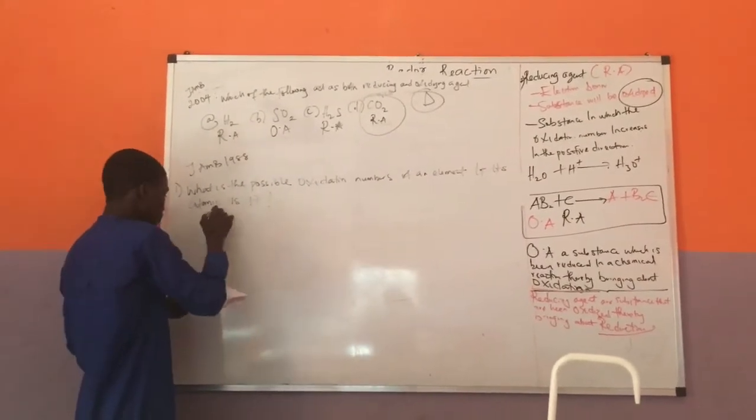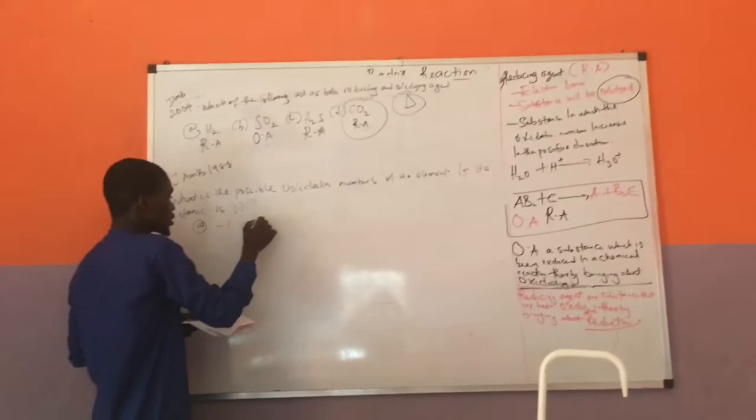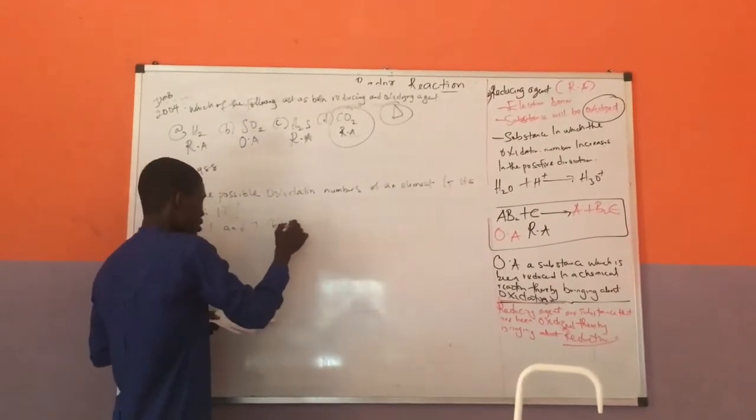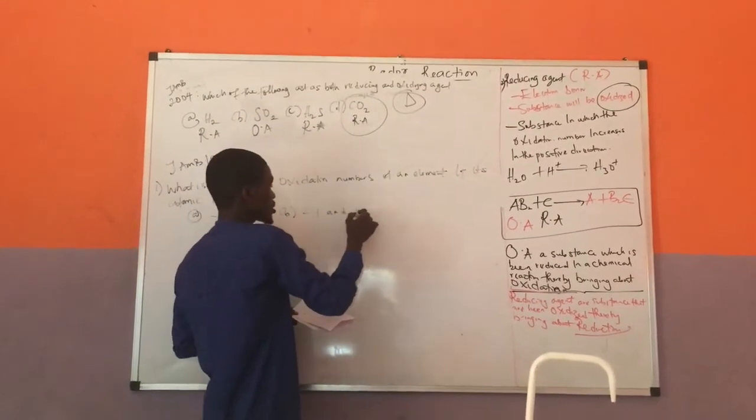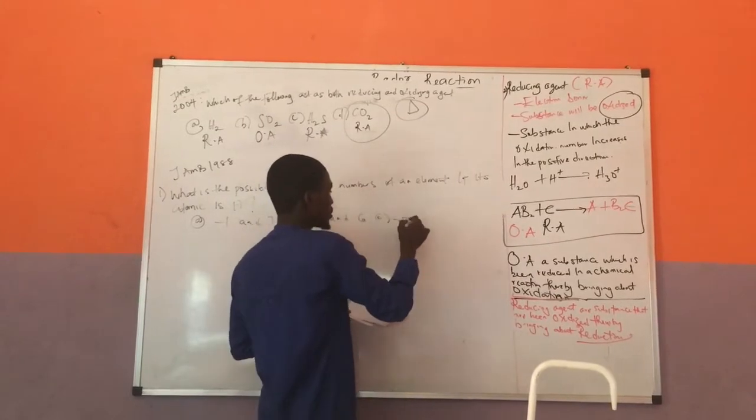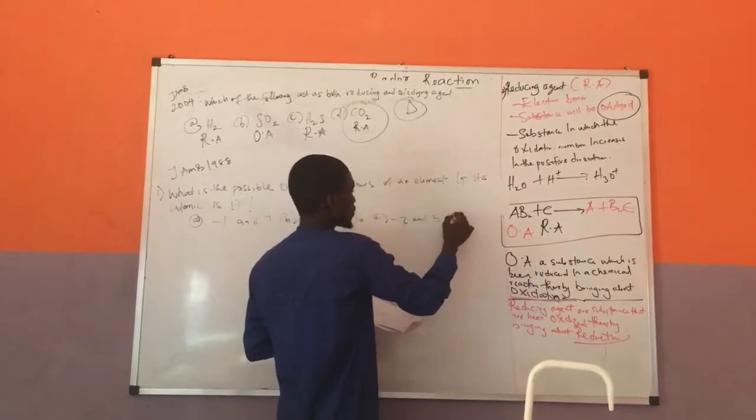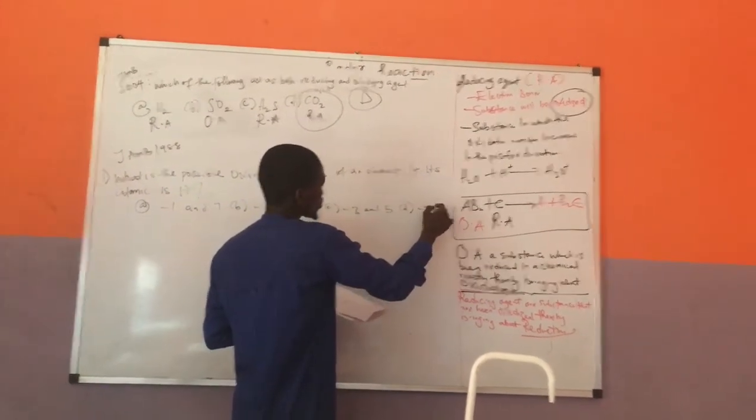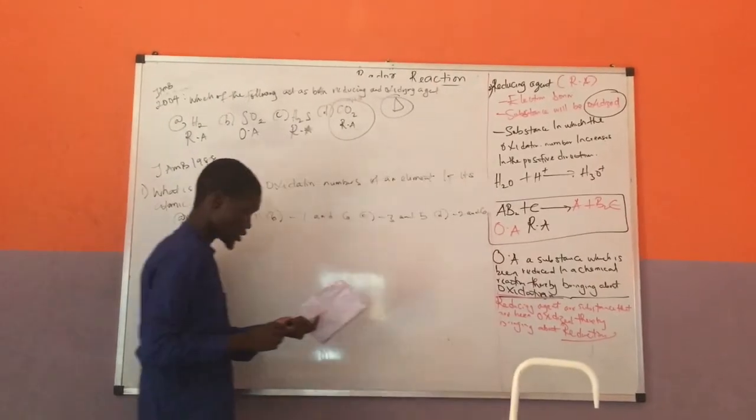A, minus 1 and 7. B, minus 1 and 6. C, minus 3 and 5. D, minus 2 and 6.